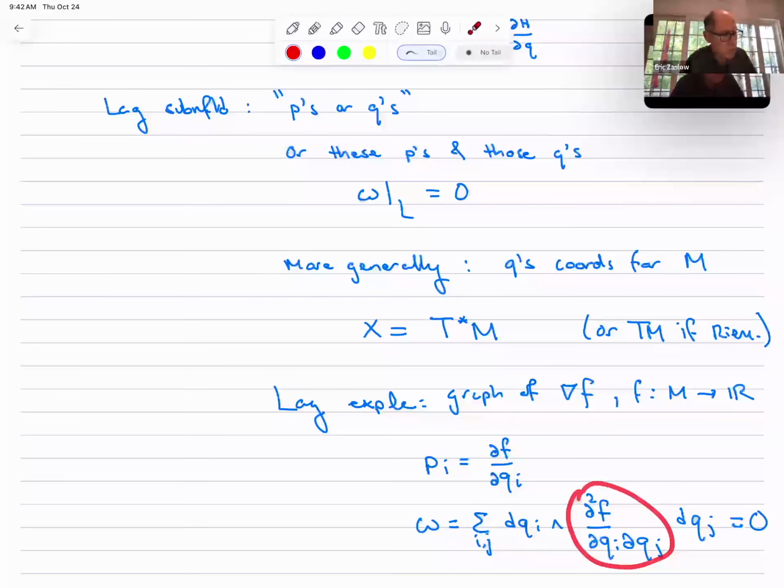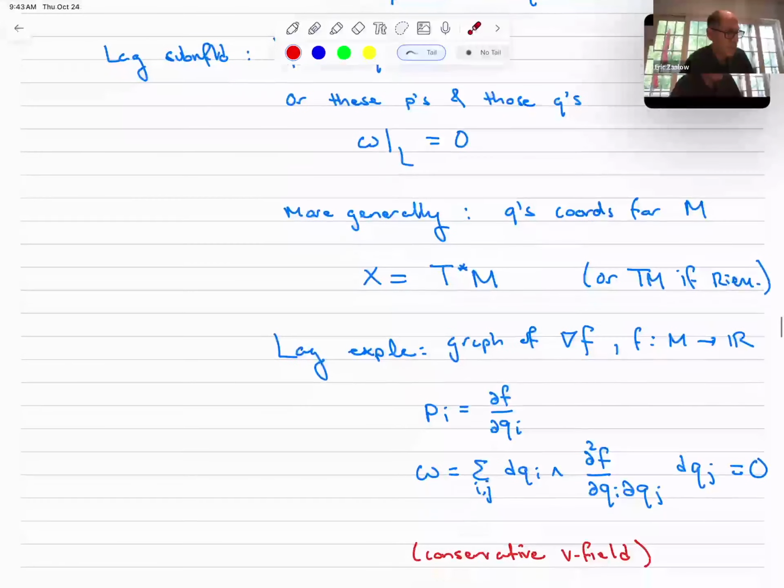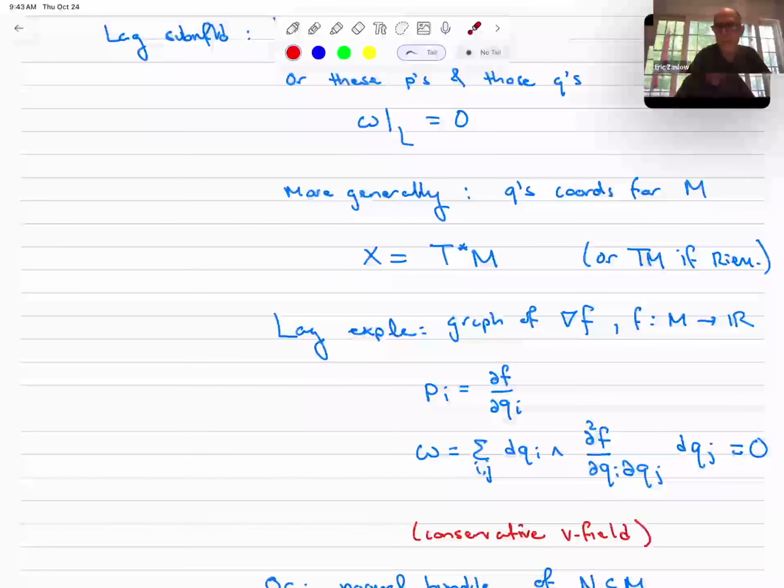Because partials commute and wedge of differential forms is anti-commutative, we get cancellation and then we get 0. So there's a non-trivial example of a Lagrangian submanifold.